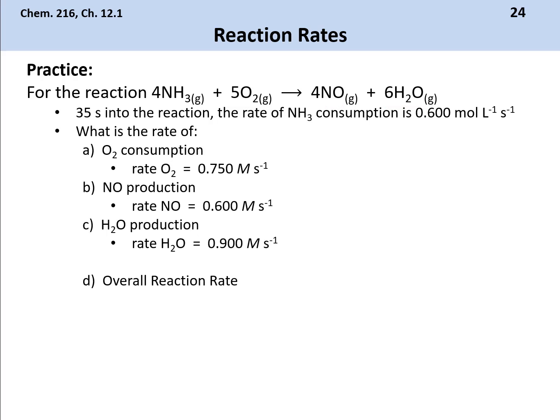Here is a giveaway: these will be the answers you get. You can go back and see that video and understand it. Notice that NO is the same as NH3. Why? Because their coefficients are the same.